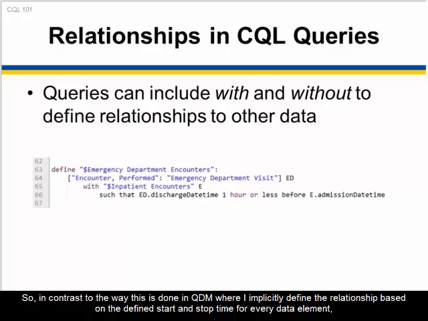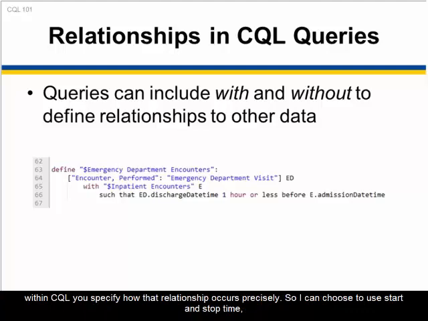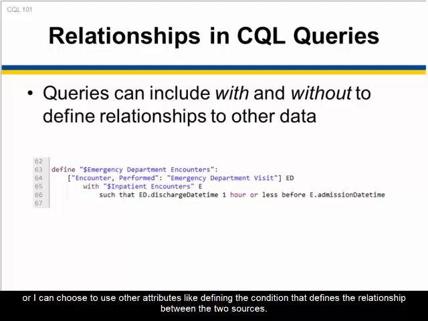In contrast to the way this is done in QDM, where I implicitly define the relationship based on the defined start and stop time for every data element, within CQL you specify how that relationship occurs precisely. So I can choose to use start and stop time, or I can choose to use other attributes by defining the condition that defines the relationship between the two sources.